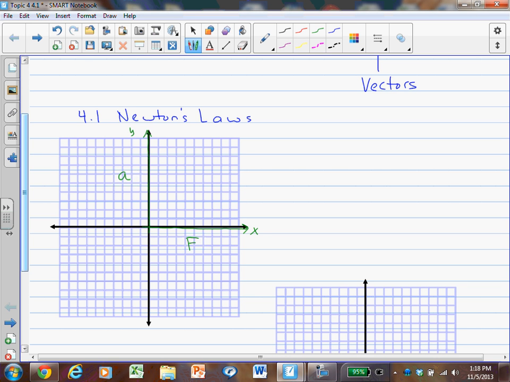And if you applied a force here and had this acceleration to it, what do you think would happen if you doubled the force? Well, you would probably double the acceleration, okay? And if you tripled the force, you would triple the acceleration.